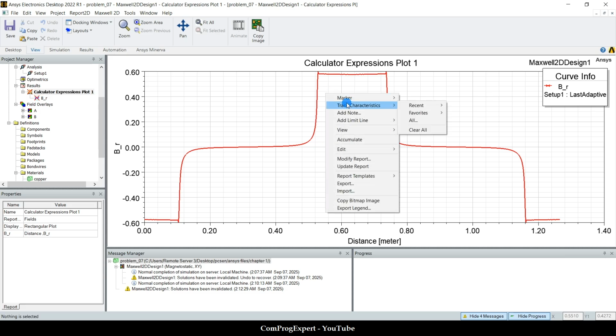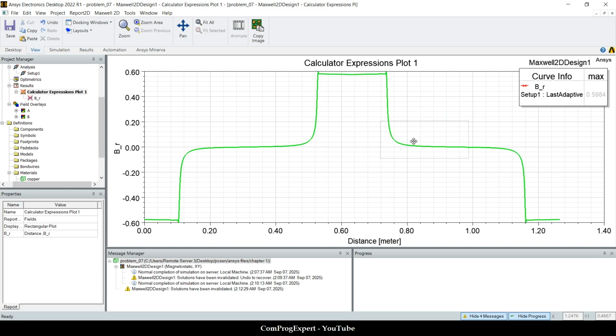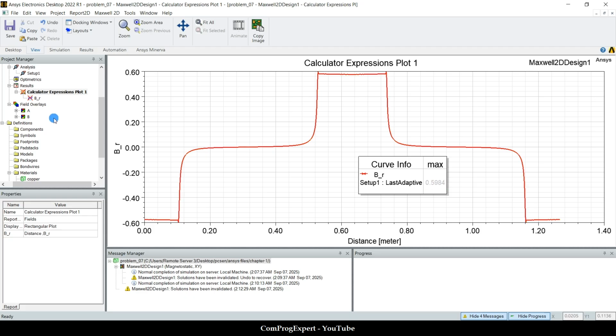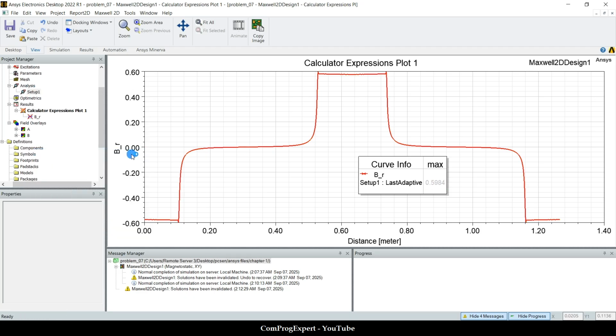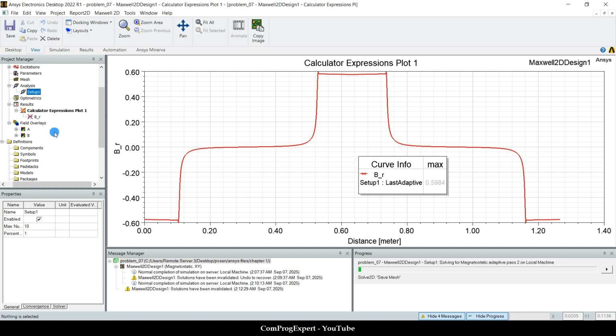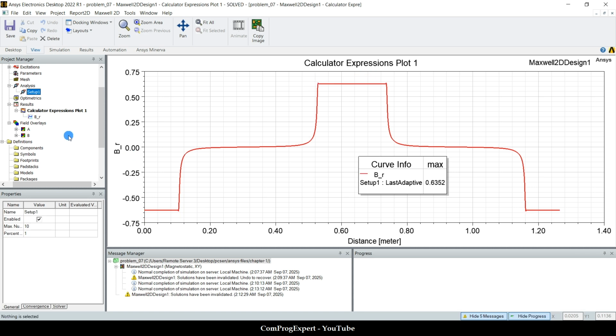The maximum value 0.59. So let's repeat the analysis again. This is the value of the flux density. The maximum one is 0.63.